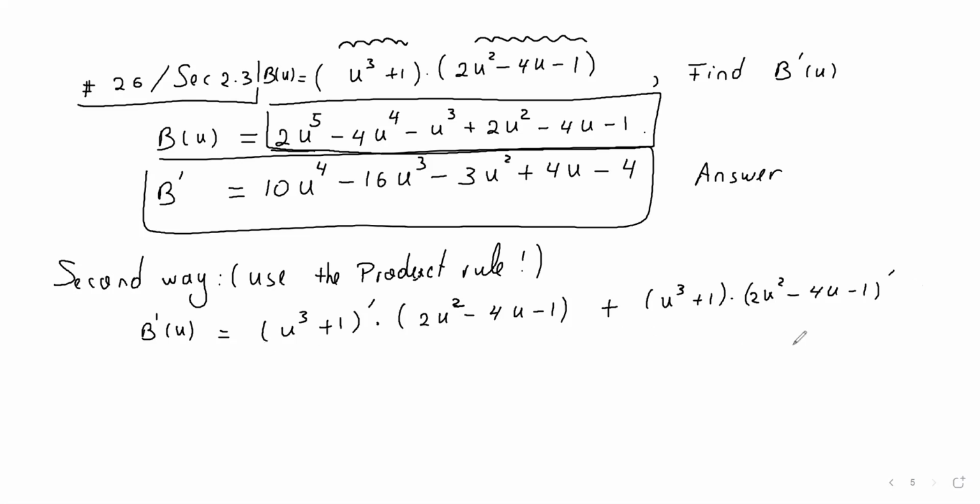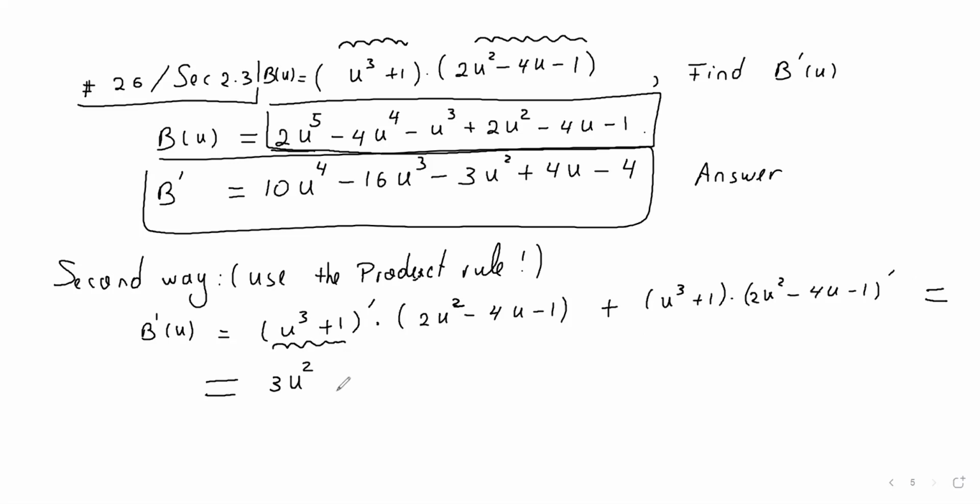So we got this thing here, and that can be written as, let's take care of the derivatives. U cubed plus 1 prime is 3u squared plus 0, right?